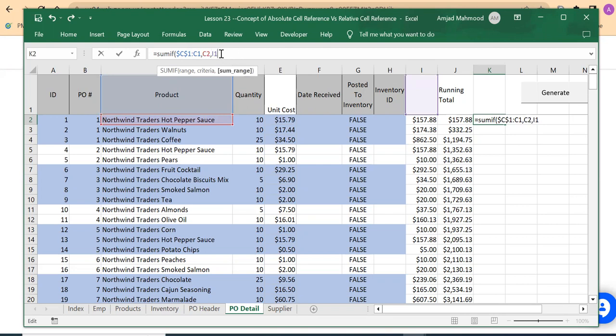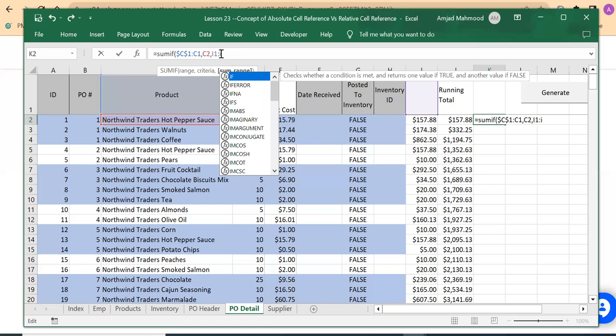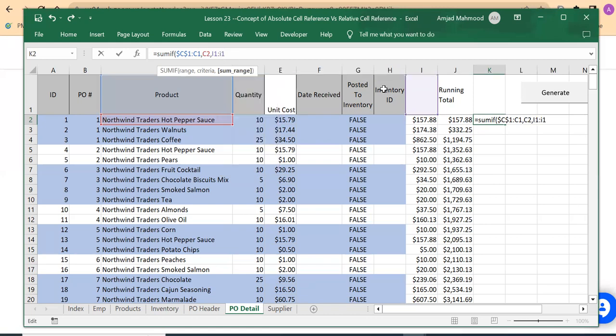And here we put colon I1. Okay. Bracket. So here we will use F4 in a similar manner, so that the first portion will be absolute, the other will be relative.